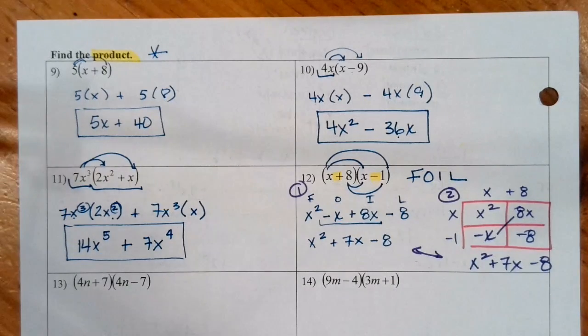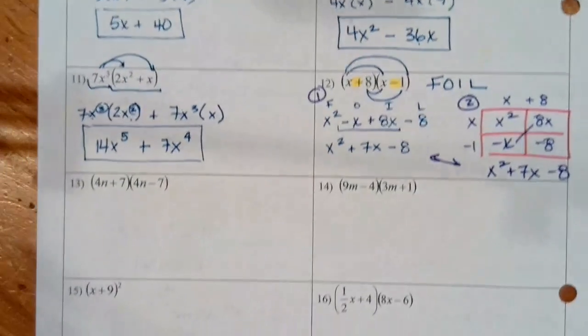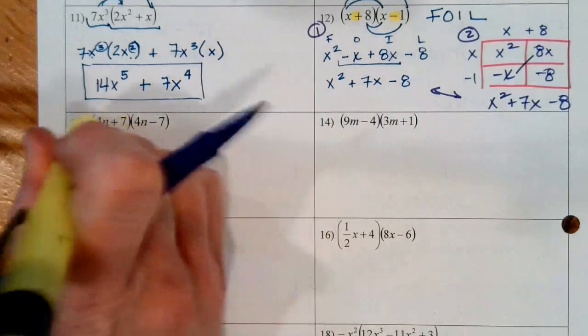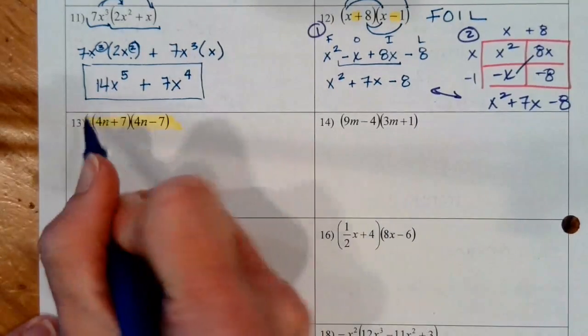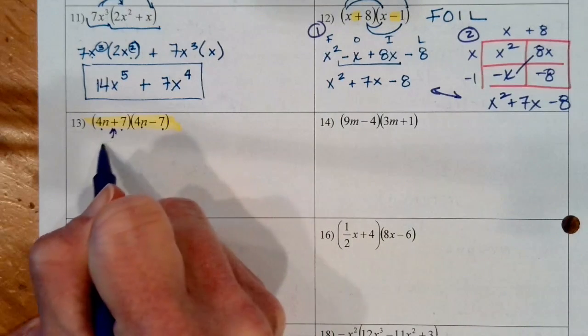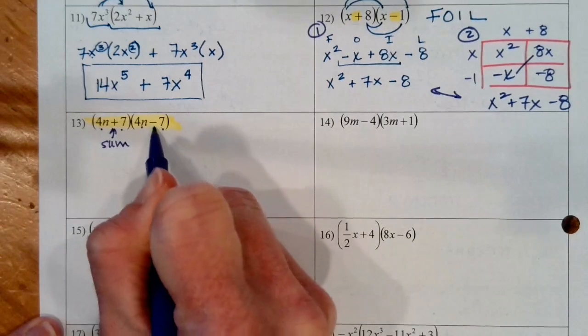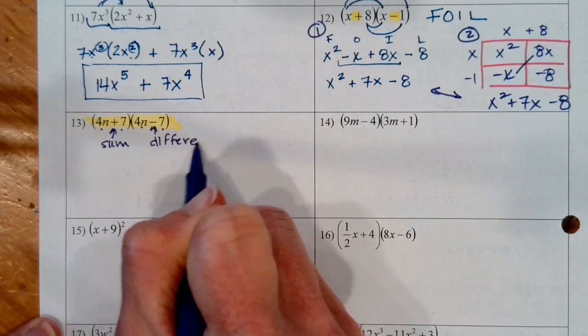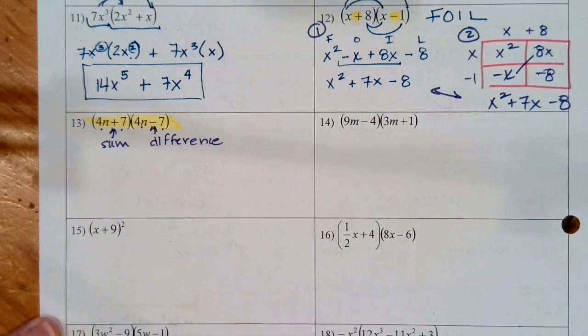Okay, so in the notes we talked about something called a special pattern, and this here is a special pattern because I see the same numbers, 4n, 4n, 7 and 7, but this one is a sum and this one is a difference. That's why we call this pattern the sum difference pattern.